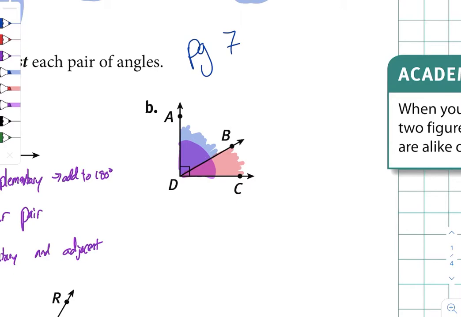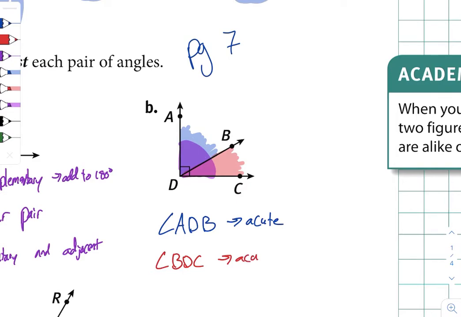There's the blue one and the red one, which are both acute and a little smaller, and adjacent, and they combine to make the big one, which is a right angle, right? So here we had the blue one, which is ADB, which is acute. We also have angle BDC, which is acute.